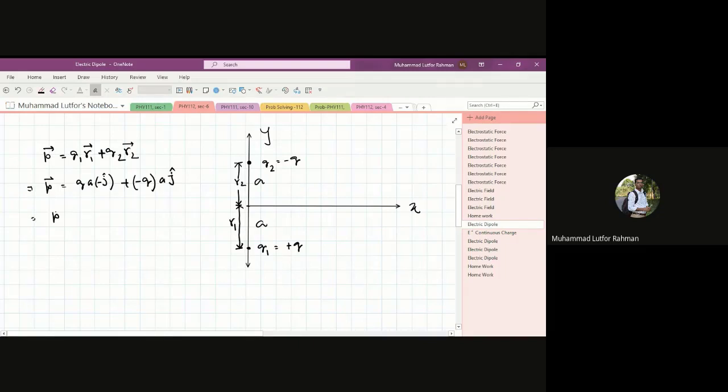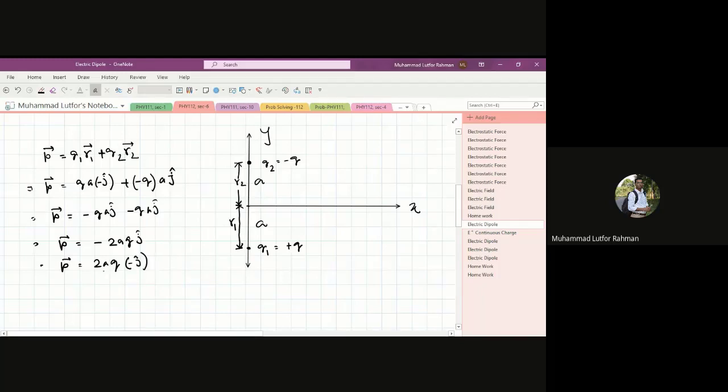Now look at this. If you do that, P is minus QA Z minus QA Z. So that will give me P would be minus twice A Q into Z. Or I can write this P as twice A Q into minus Z, right?